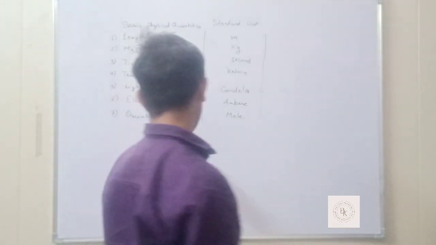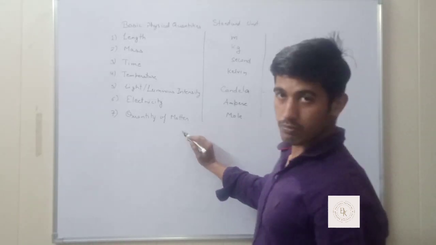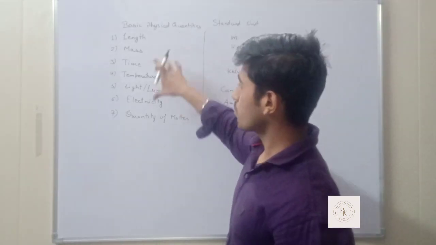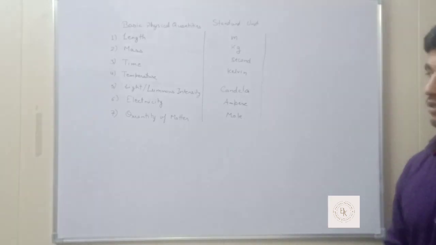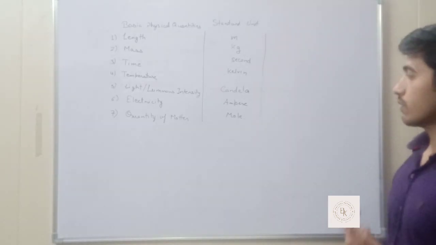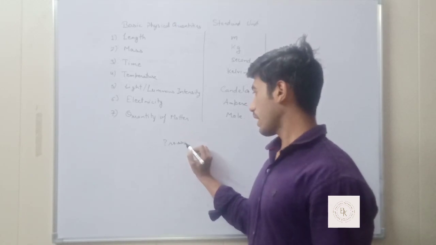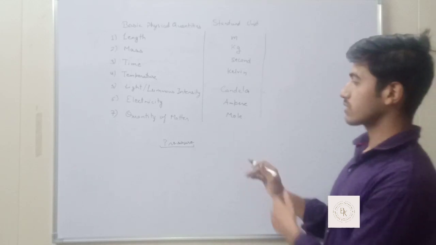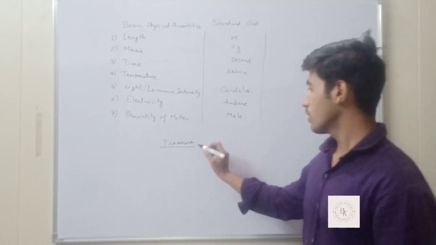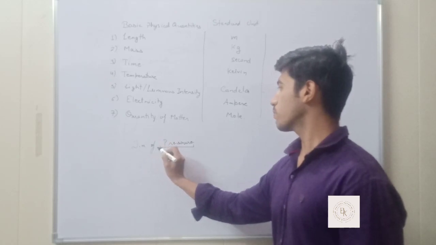These are the 7 basic physical quantities. When we use dimensions, we use these basic physical quantities to derive any dimension. For example, if we have to derive pressure, which is the next part of our tutorial, I am giving an example. What is the dimension of pressure?